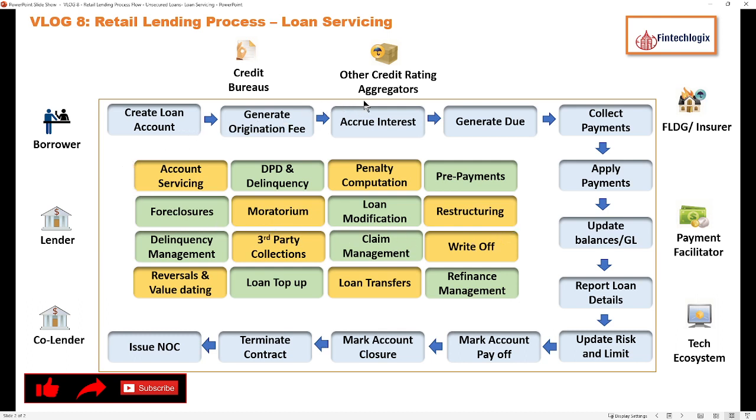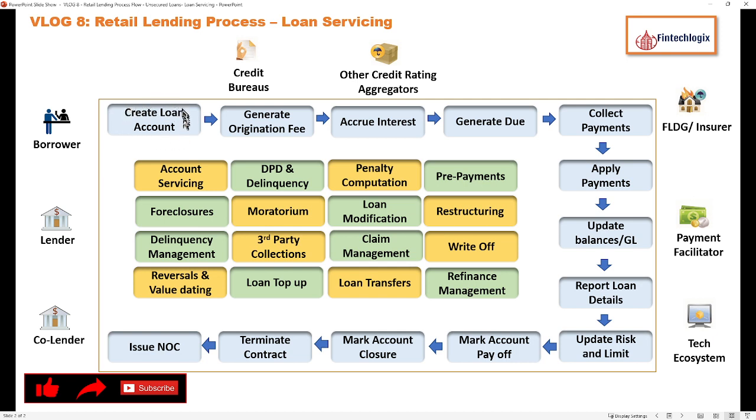So we have our loan servicing. I have tried to put a simplistic figure like this. Normally, if there are no other changes or anything, our loan servicing moves like this. This is a very simplistic flow, which will start with create loan account.